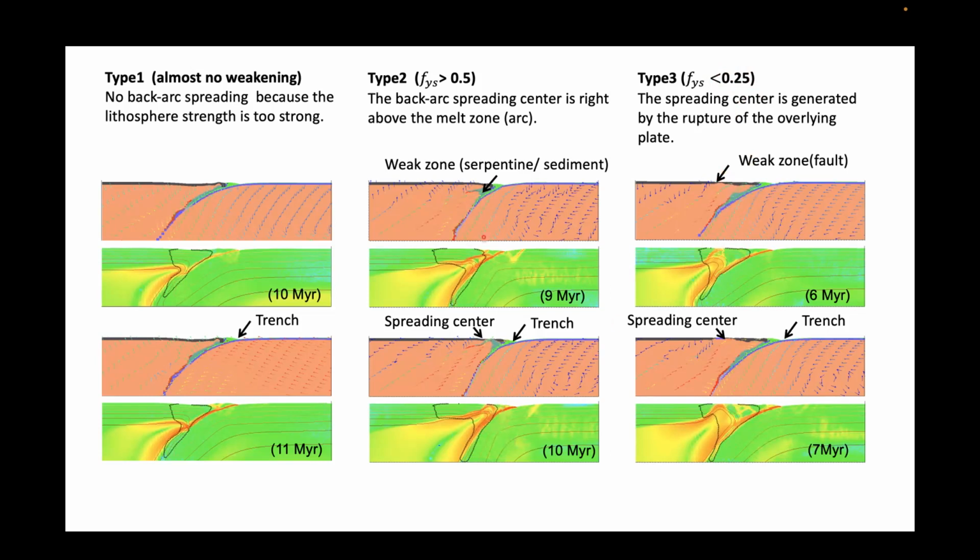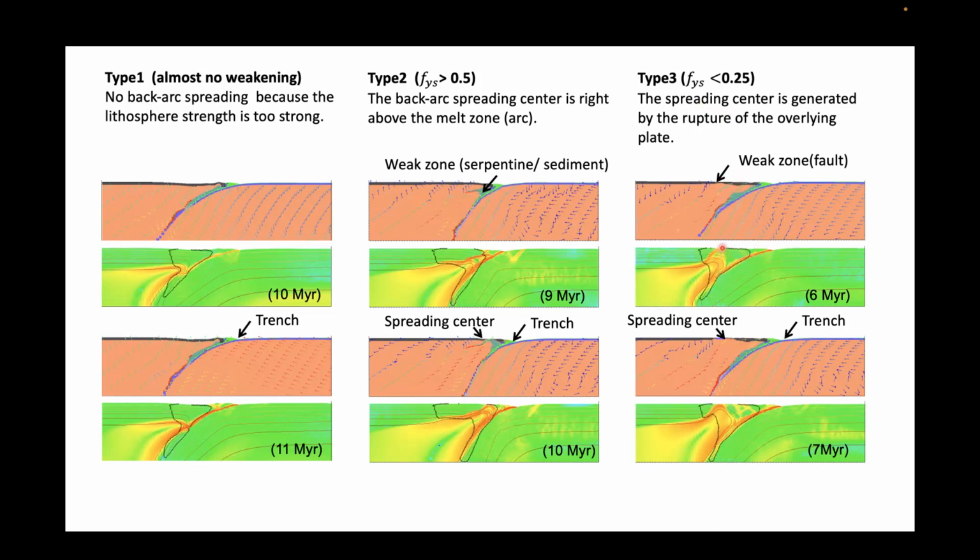So in this setting, type 2, the location of the spreading is very close to the trench, typically less than 100 kilometers. So it will be located basically right on the volcanic front. And in type 3, the weakening is located on the left side of the volcanic front, so it will be further away from the trench.